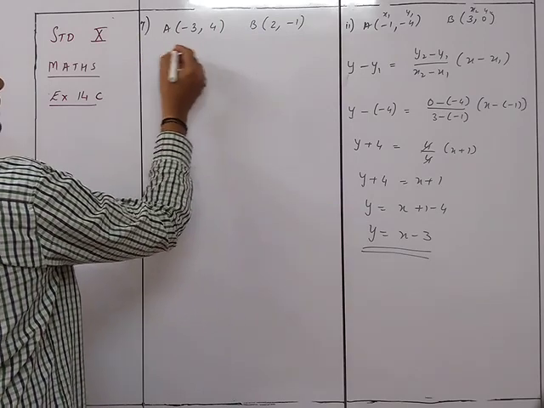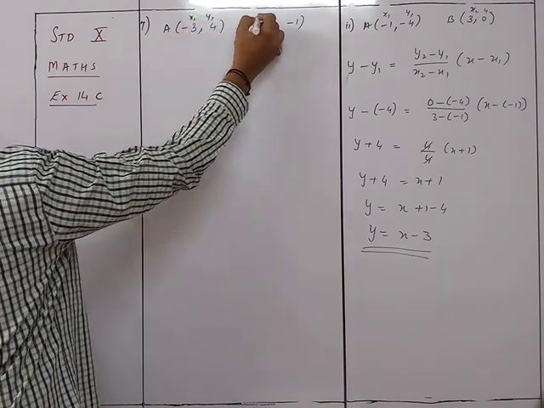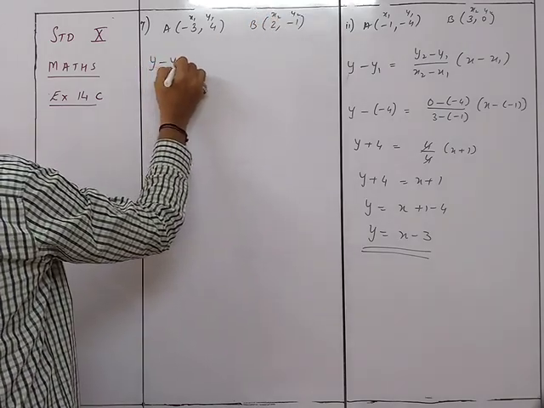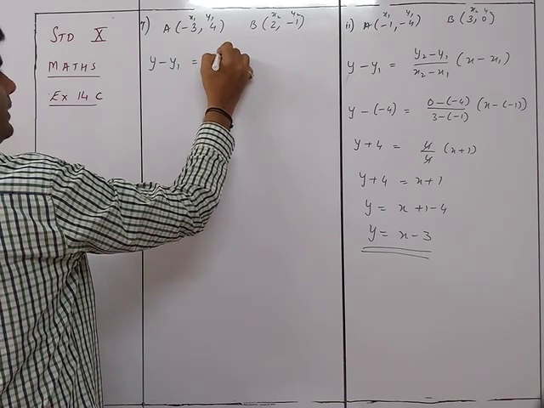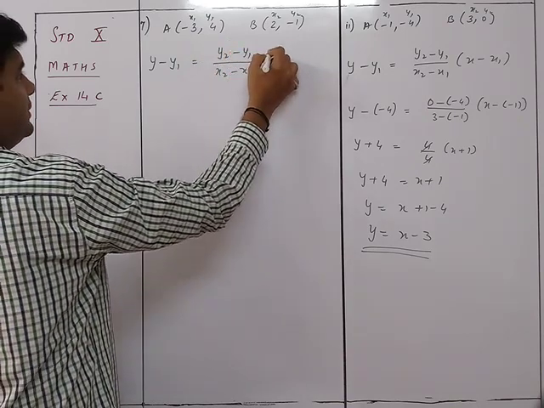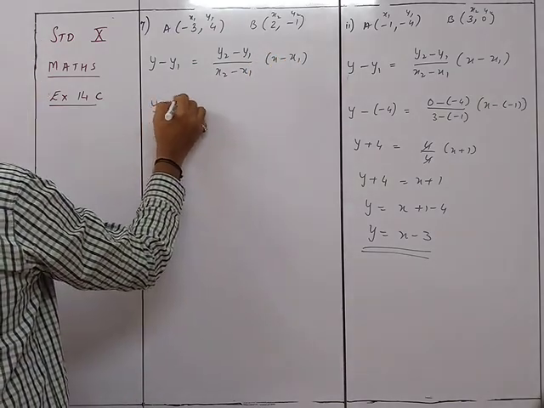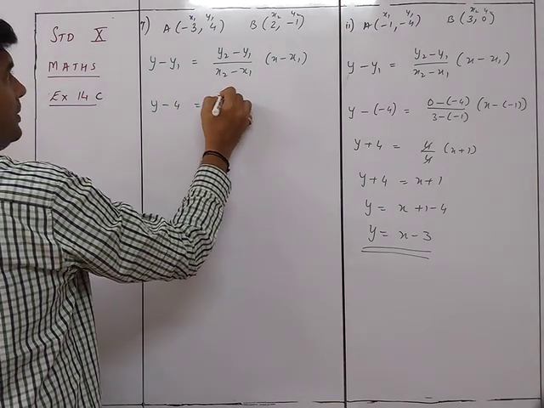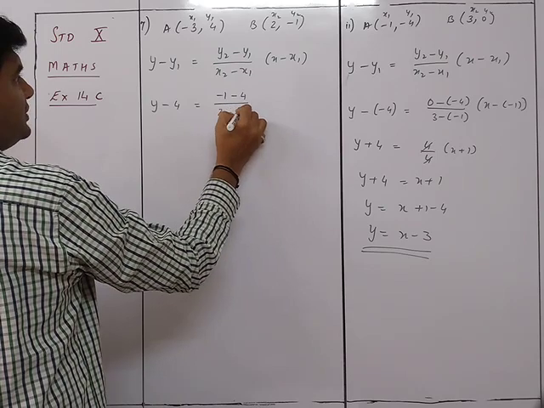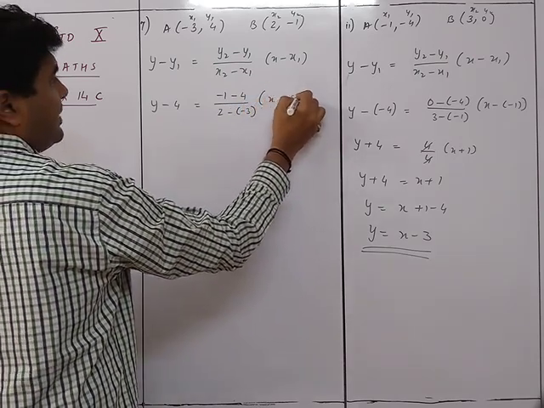So we have over here, this is x1, y1, x2, y2. y minus y1 is equals to y2 minus y1 upon x2 minus x1, x minus x1. Y minus 4 is equals to minus 1 minus 4 upon 2 minus of minus 3 and then it is x minus of minus 3.